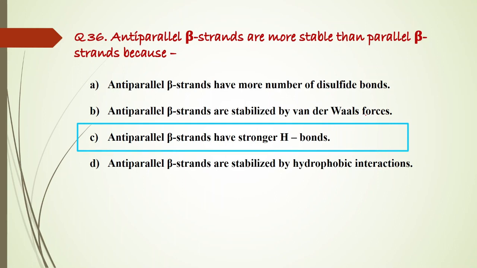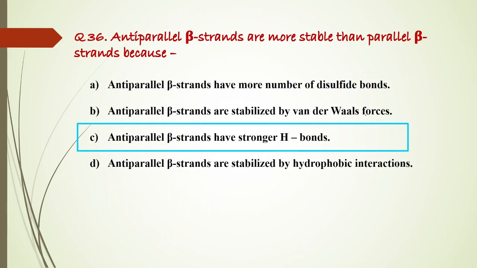First of all, they have more hydrogen bonds. In case of anti-parallel beta strands, you can refer back to last week's session video where I showed the structure. Anti-parallel beta strands basically have more hydrogen bonds, and because they are lateral hydrogen bonds, they are basically stronger hydrogen bonds.